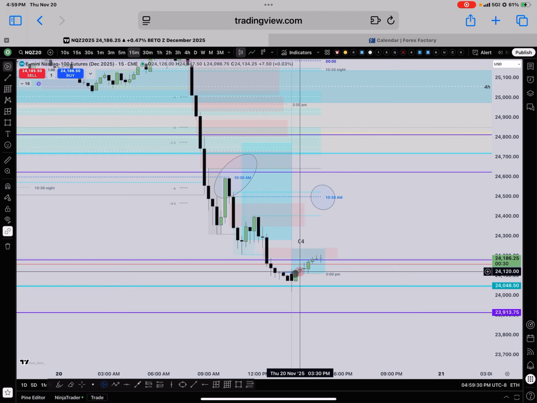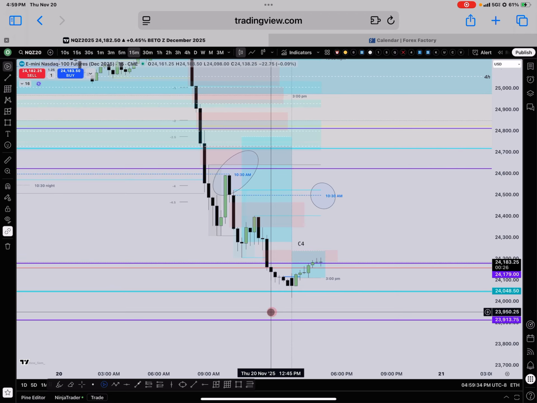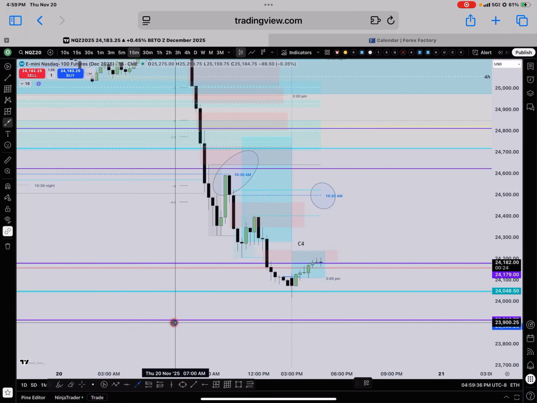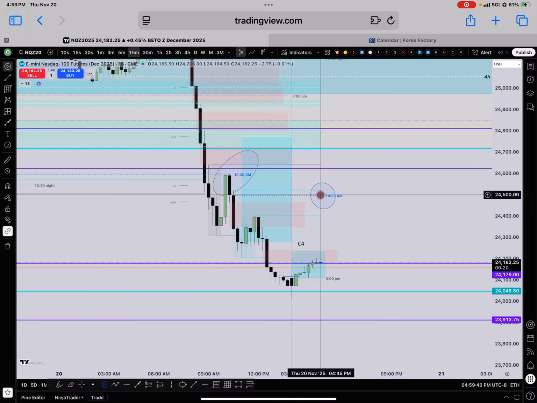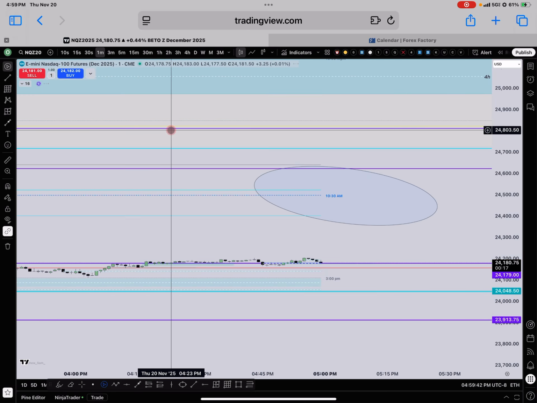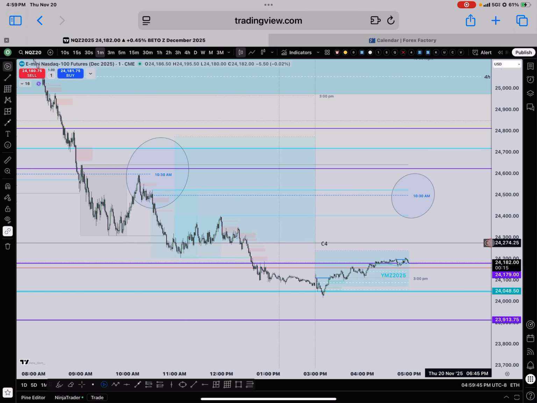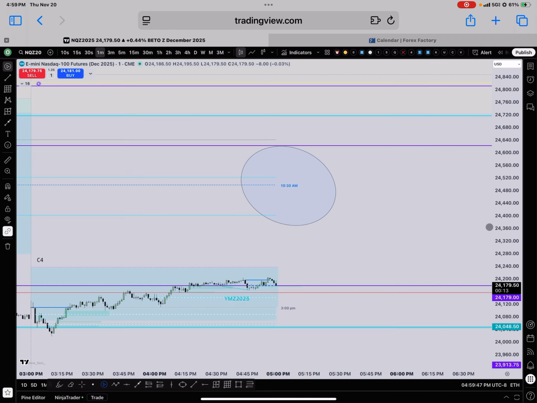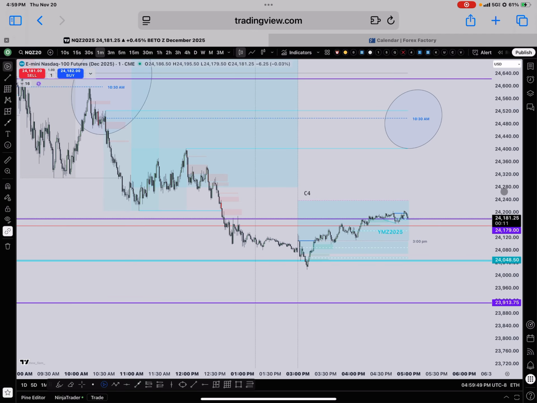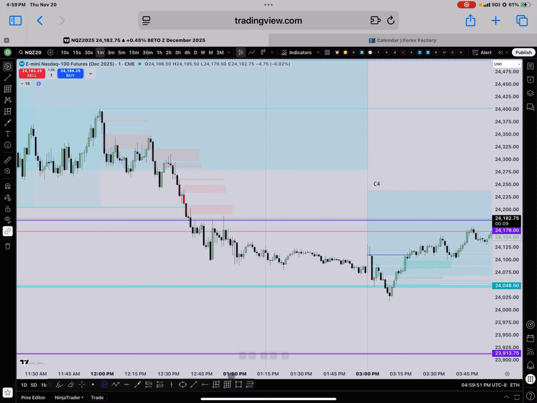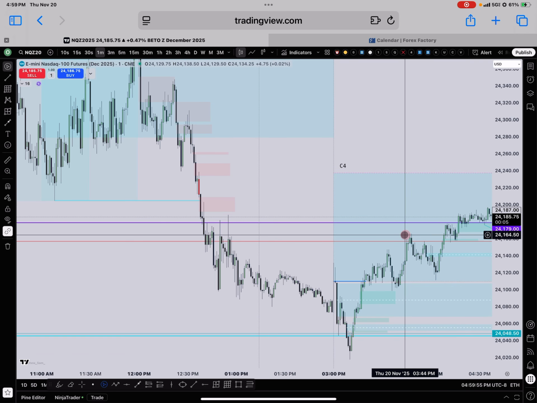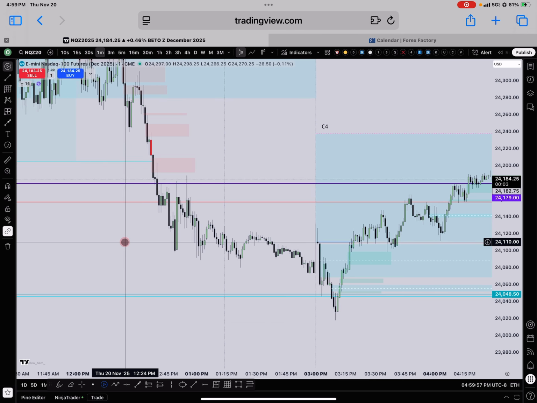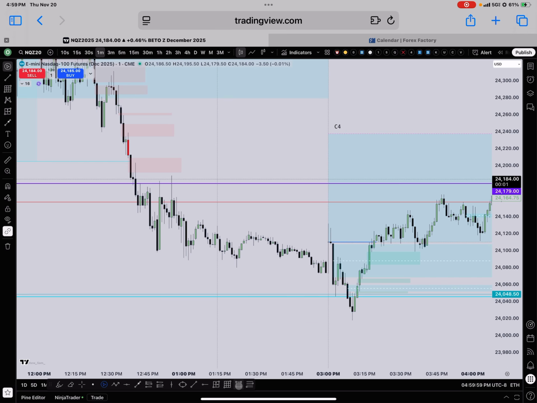See here, body trap here on 15 minutes. Okay, but anyways, here's what I see, price coming all the way to here, and then I'm gonna go ahead and mark my daily gap. So here, this is how I mark it. I just translate the Eastern time to Pacific time.